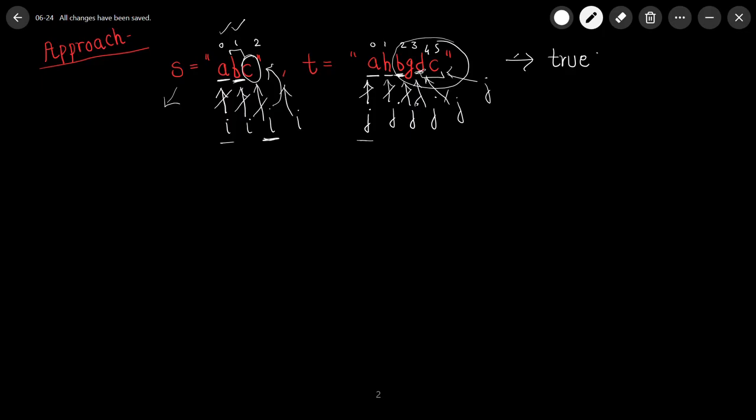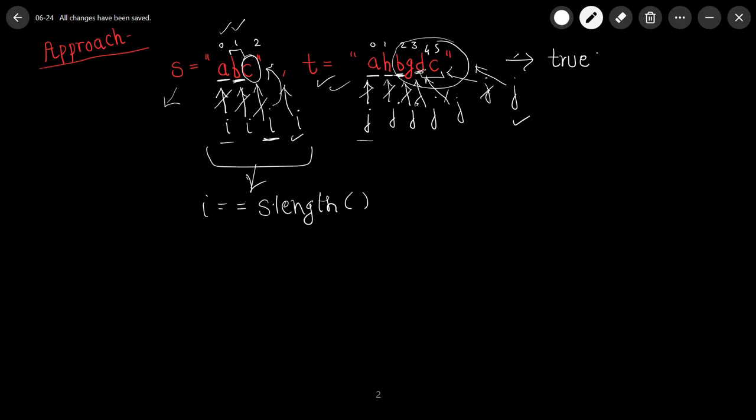So the i pointer reaches here, and j also reaches the end of the string. In this case, both i and j pointers reach the end of the strings. Now we can see that i reaches the end of string s. That means i becomes equal to s.length, and this means that all the characters of string s matched with string t.